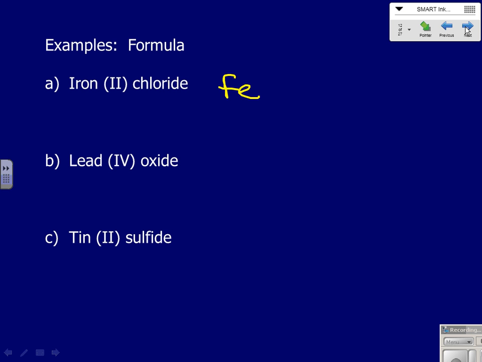The only thing you have to check is the chloride. What's the charge on the chloride? -1. So what's the formula of this going to be? Megan? FeCl2. So in essence, getting the formula for a multivalent is even easier because we tell you what the charge is. No need even to go looking for it. It's there.